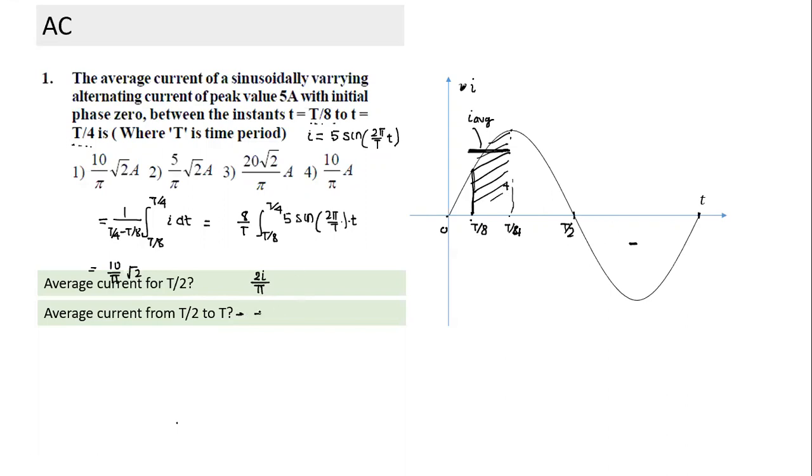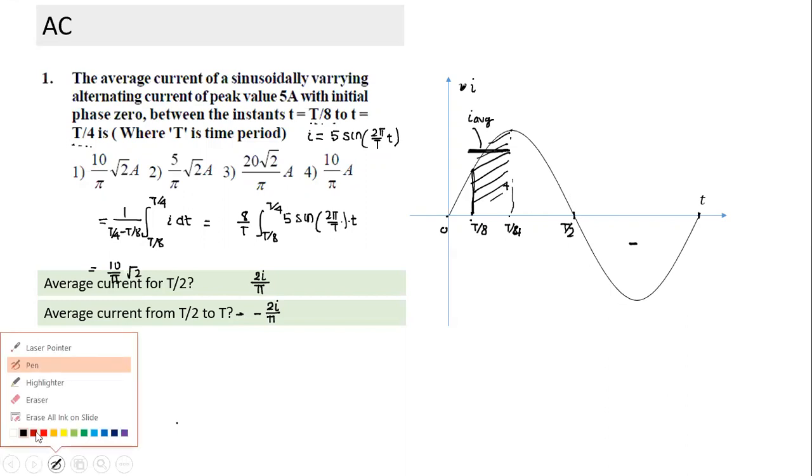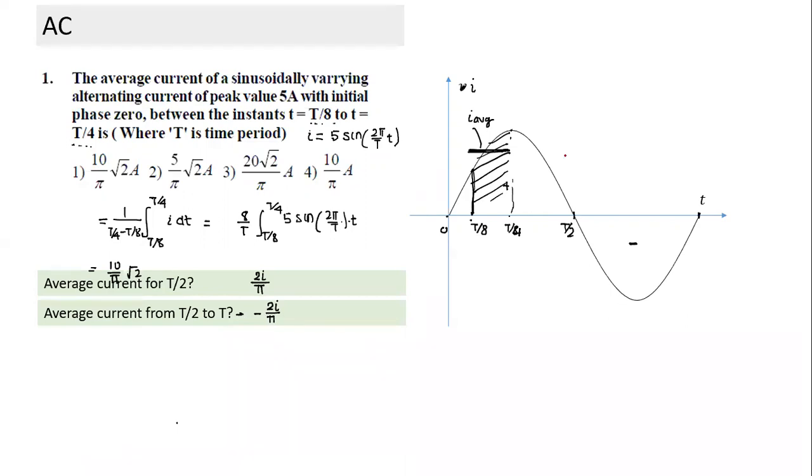So basically whatever current flows here, for 0 to t by 2, the average may be something like this. And average current from t by 2 to t will be like this.